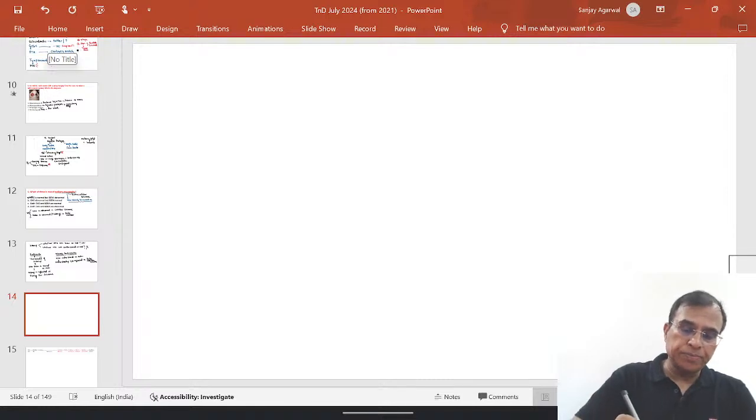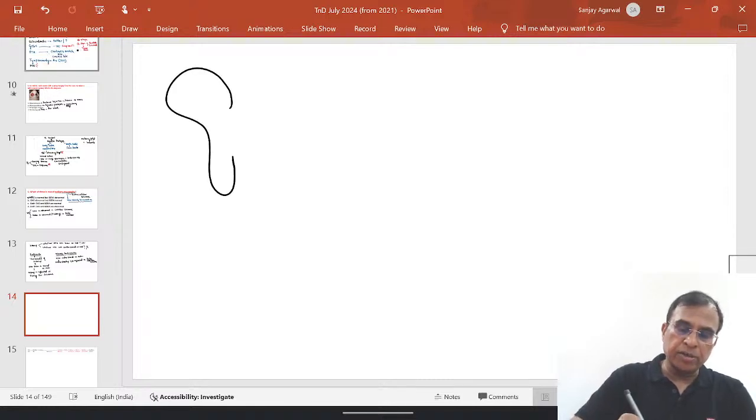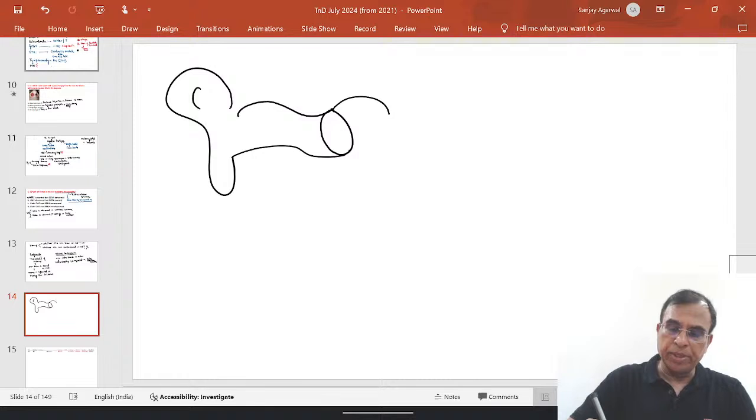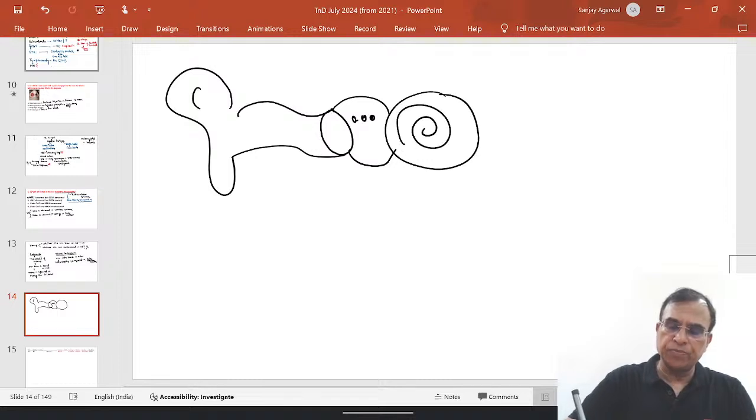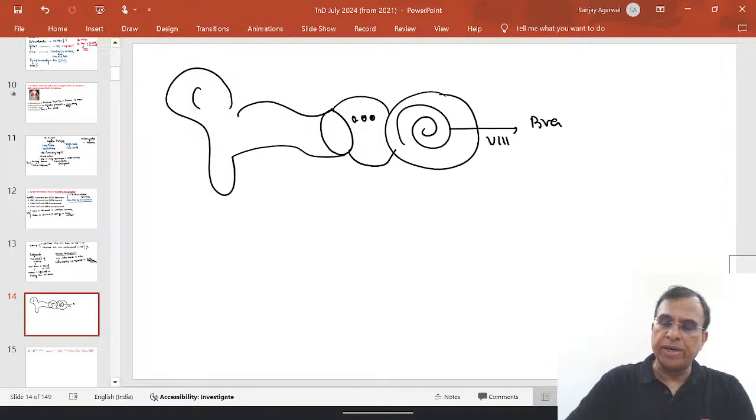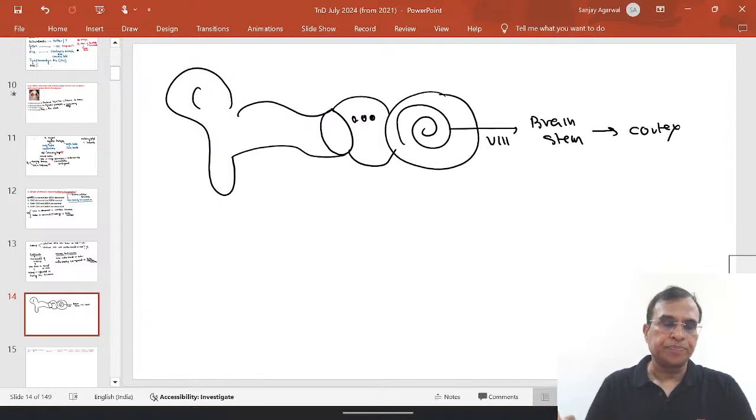So, when I draw the ear like this: pinna, canal, tympanic membrane, middle ear with 3 ossicles. So, I draw 3 dots, inner ear which has a cochlea and the vestibule. From here, the 8th nerve carries the sound via the brain stem, which goes to the cortex, right?